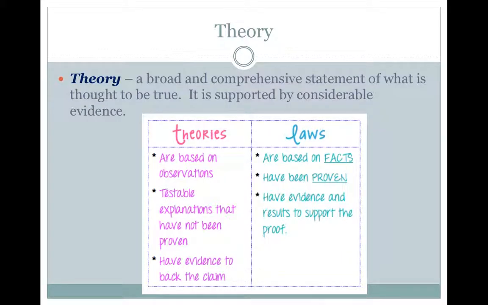This leads me to theory, because a lot of times in science you come in with the idea that a theory is a hunch. I have a theory about something, and we don't want to use the word theory like it's a hunch. It's not a hunch. A theory is a proven, time-tested, strongly supported experimental process.